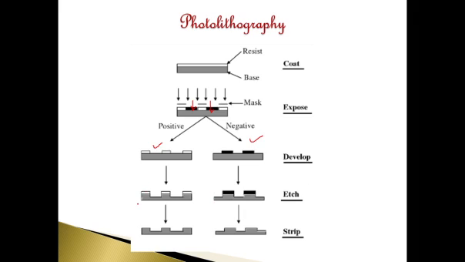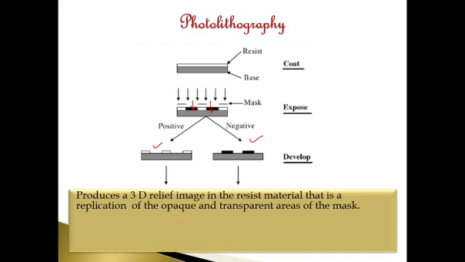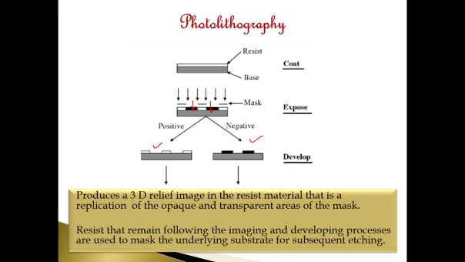And then it is dipped in an etching solution. So it will produce a 3D relief image in the resist material, that is the replication of the opaque and transparent areas of the mask. The resists that remain following the imaging and developing process are used to mask the underlying substrate for subsequent etching. So whatever resist layer remains will guard the underlying base layer from etching off.